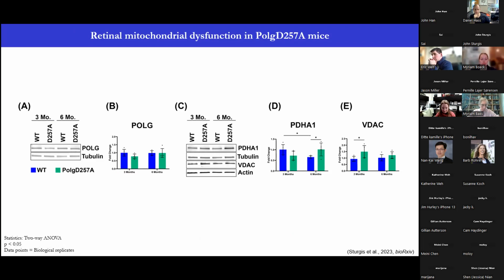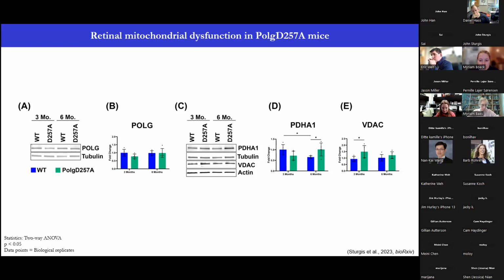And we actually didn't see any significant change in POLG expression between 3 and 6 month old animals. Which was great because we didn't want the phenotypes we're seeing to be because there's just lower expression of POLG. We want it to be that POLG is expressed, it's just that the mitochondrial DNA is mutated.